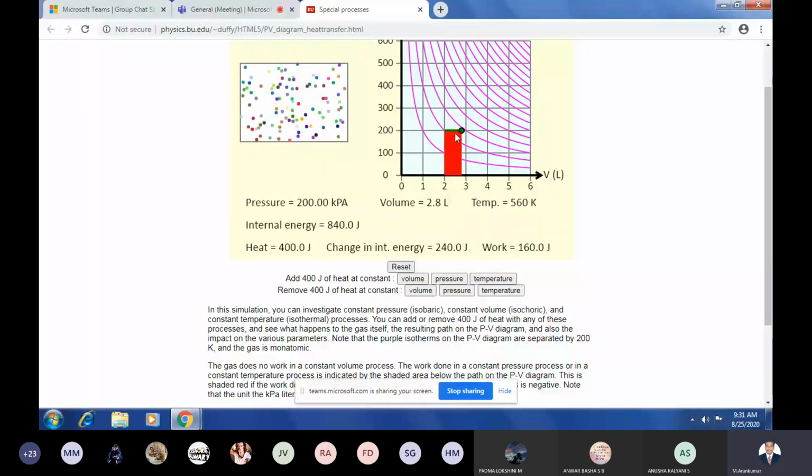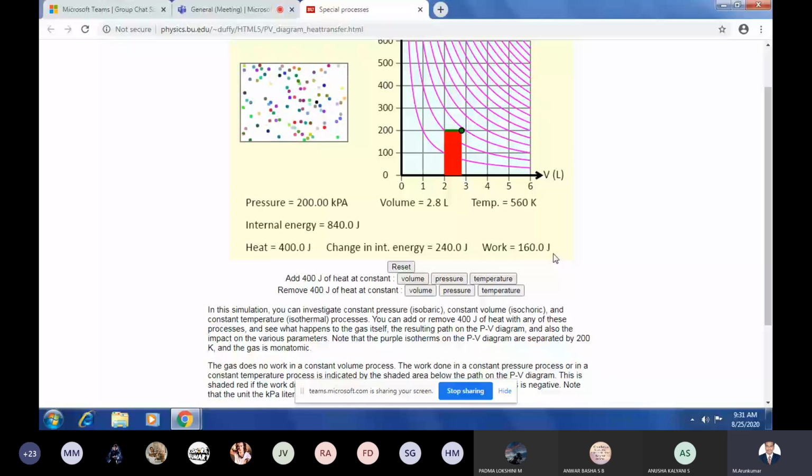The area under the curve can be called the work done by the system. If you calculate the area under the curve, that will be 160 joules. That was mentioned here.